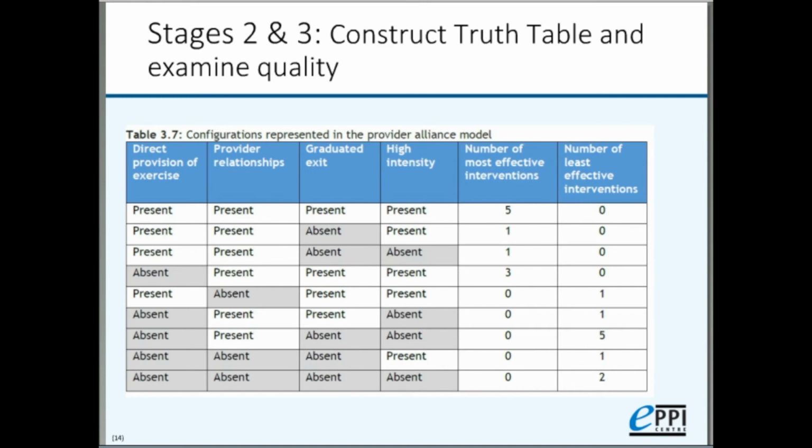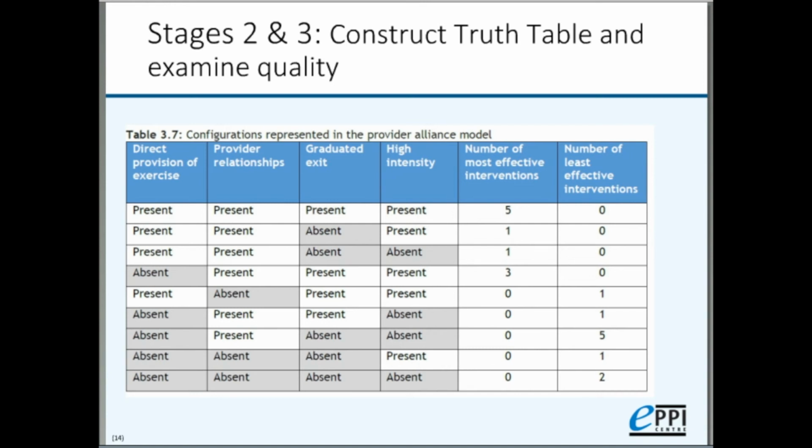The third is a graduated exit, so where intentionally built into the program you start off having regular sessions and then stretch further and further apart as you go through the program. It's kind of tapering off towards the end, and higher intensity really reflects just the amount of contact time that's offered as part of the intervention.